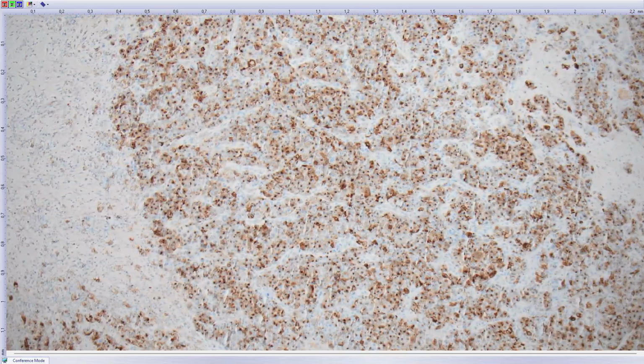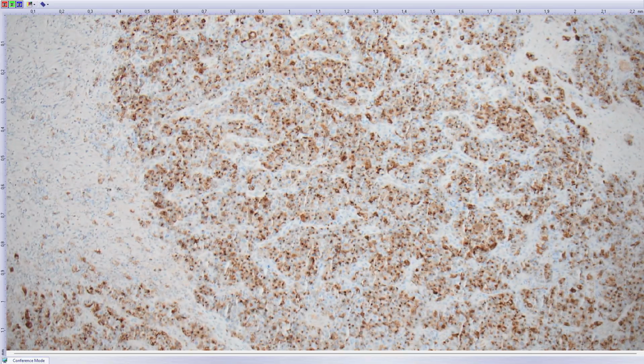So to be 100% assured, I performed cytotoxic markers. This is granzyme B, and perforin was also positive, and it stained a little bit for CD4, and importantly, CD45 and CD43 were completely negative.